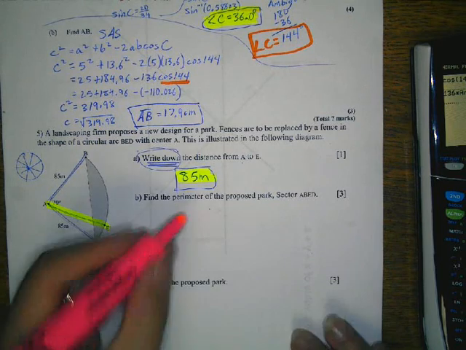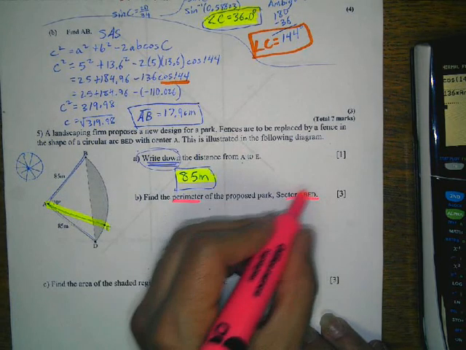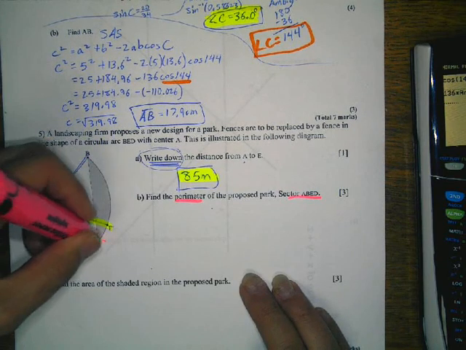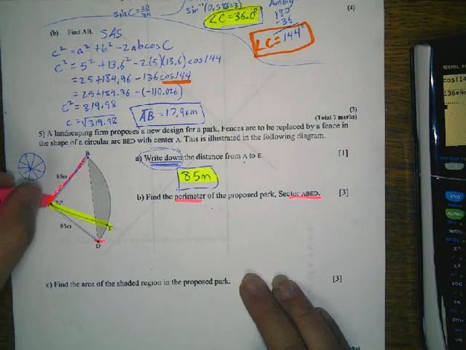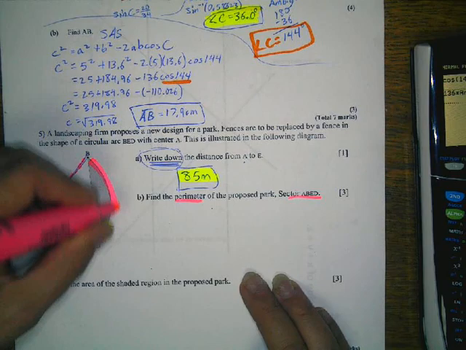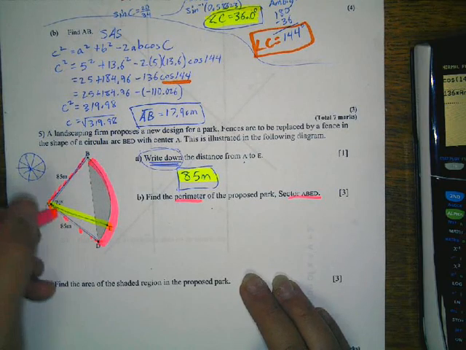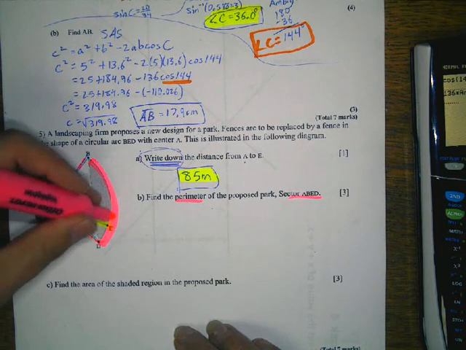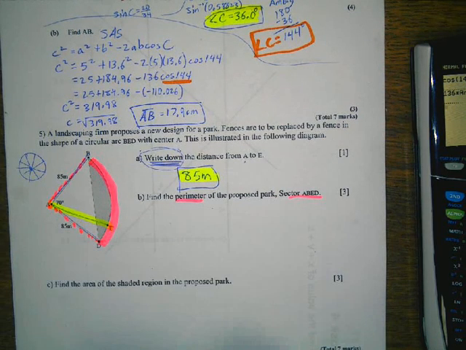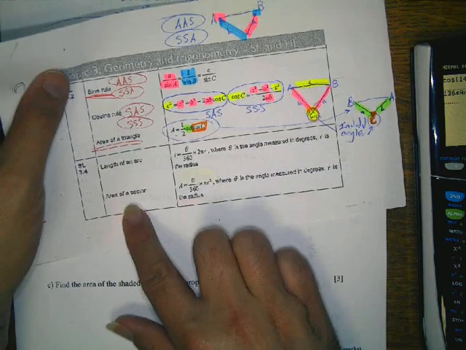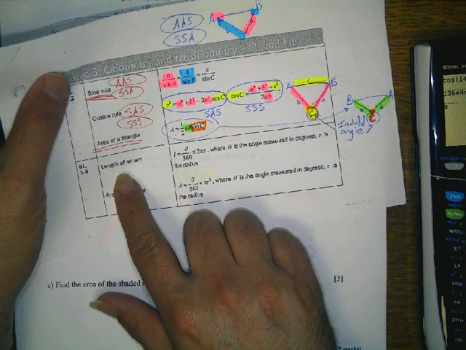Okay. So now they want you to find the perimeter of the park ABED. So here, A to B to DE, and then back. Okay, so the first thing I need to do is figure out the length of this arc. So to figure out the length of this arc, I'm going to use my length of an arc equation.